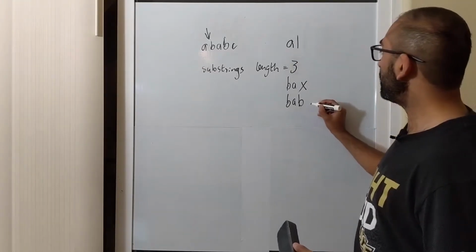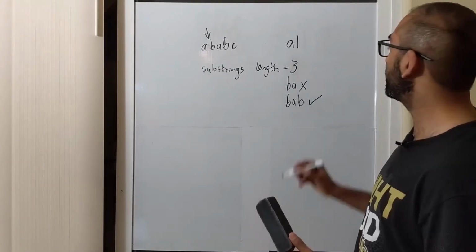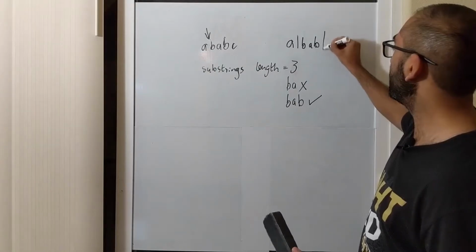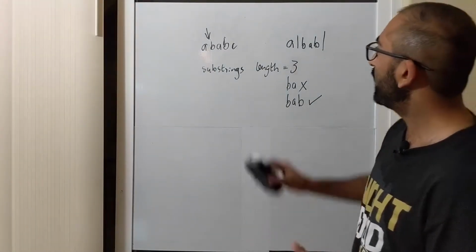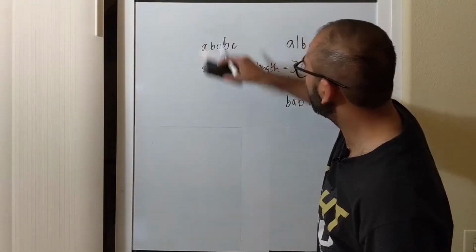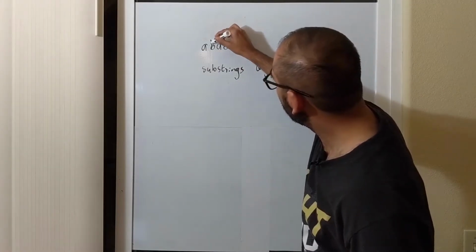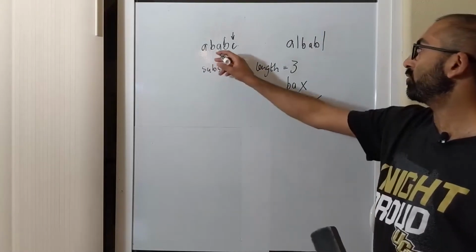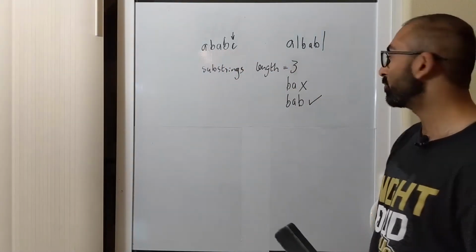Now is BAB a palindrome? Yes. So what are we going to do? We're going to add BAB into the thing, and then where do we move our guy? We move our guy over here, because we've already exhausted all of that guy.